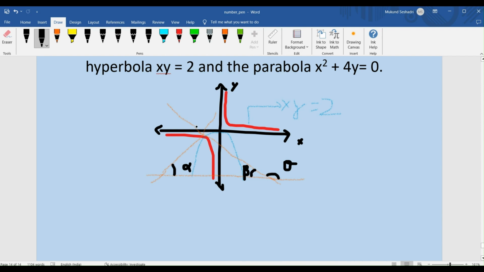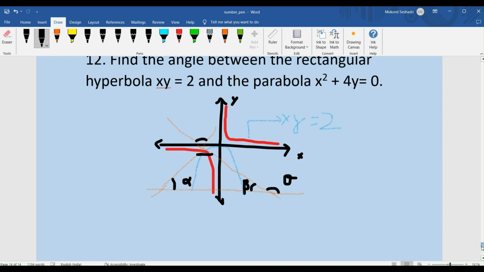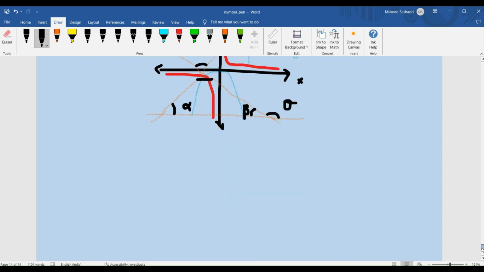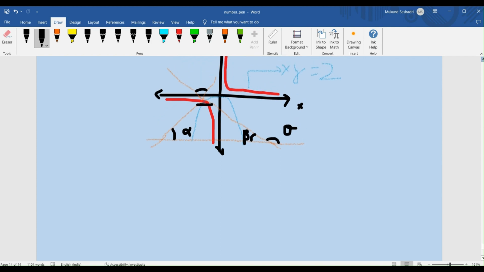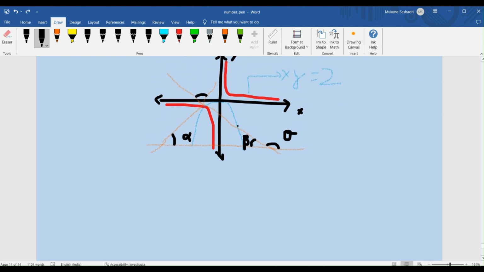What we've been asked to find is the angle between the two curves, which means the angle between the parabola and the hyperbola, right? So which is this angle, and let me call it, say, alpha 1, right?